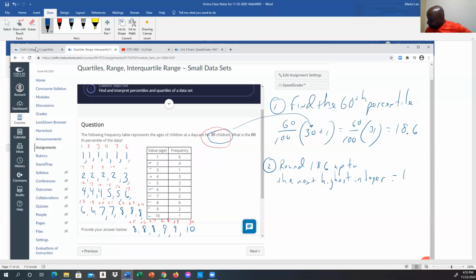And that's going to be 19. And then we want to round 18.6 down to the next integer. So rounding 18.6 down equals 18.